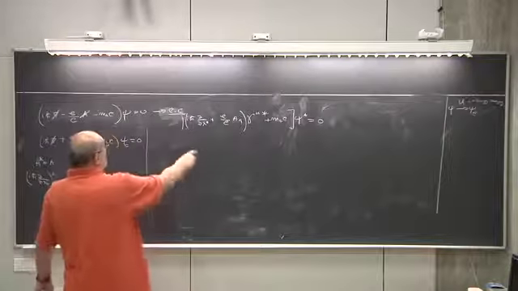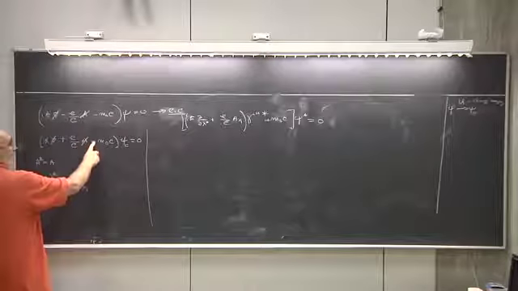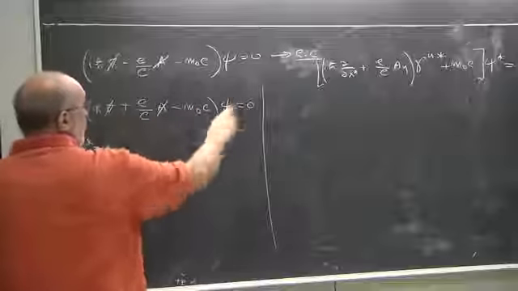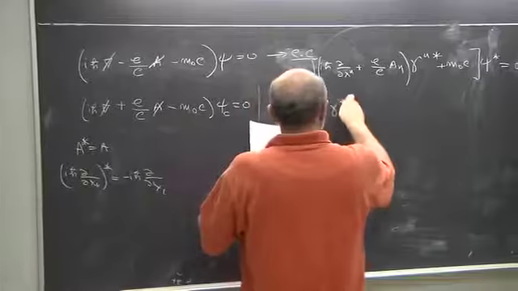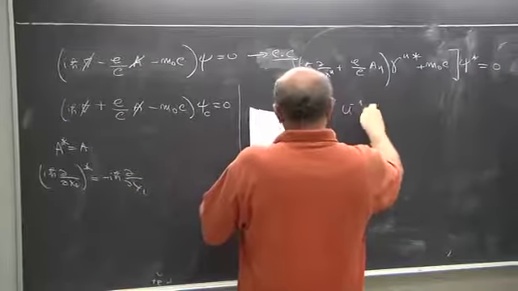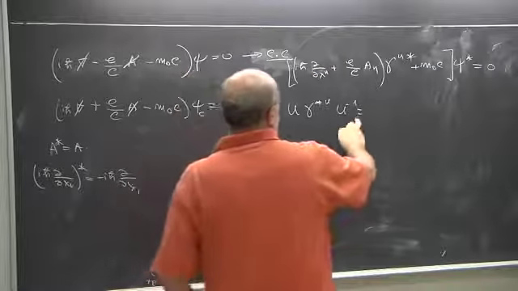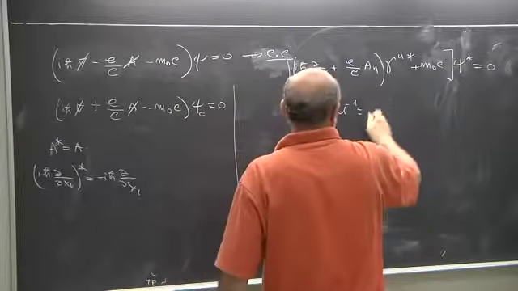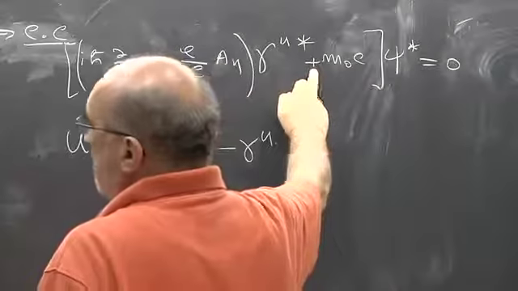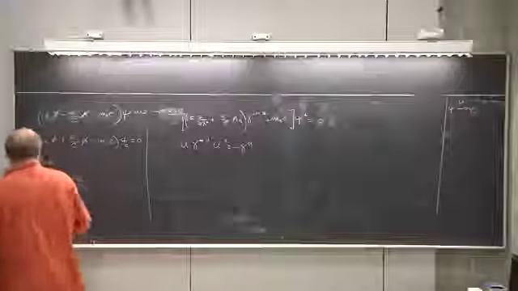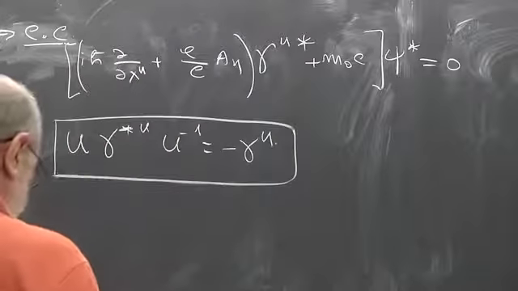Now, this does not look like the target, because there is a minus, and second, there is the gamma star and not the gamma. So we have to find an operator, U, that brings the gamma star μ into the gamma μ. And actually, not only does it bring it into the gamma μ, it has to bring it into minus the gamma μ. Because if I get a minus, then I can bring it here and get this equation. So I have to find an operator that satisfies this equation.